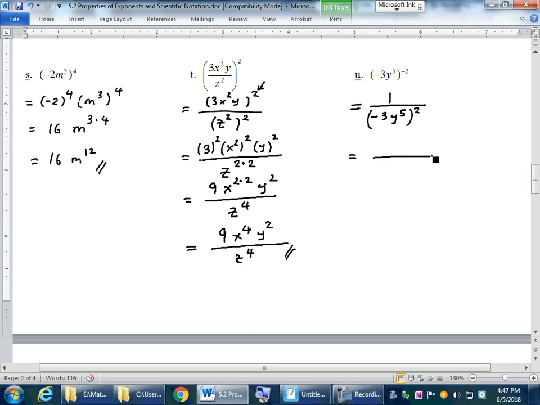And now I'm going to use property number 4, which is 3 to the second power, y to the fifth to the second power. So that gives me 1 over 9 y to the fifth times 2 using property number 3. So finally my answer will be 1 over 9 y to the 10 power.